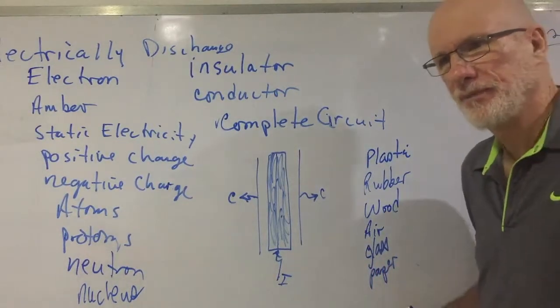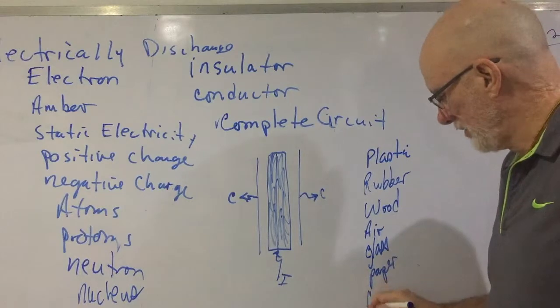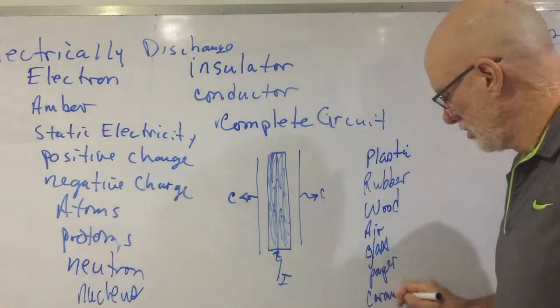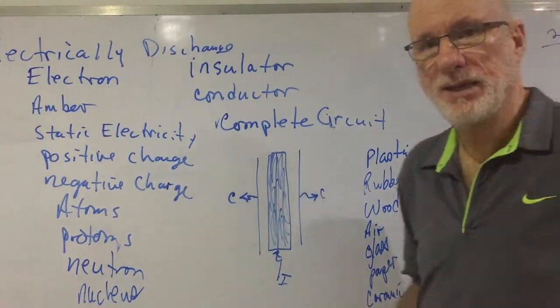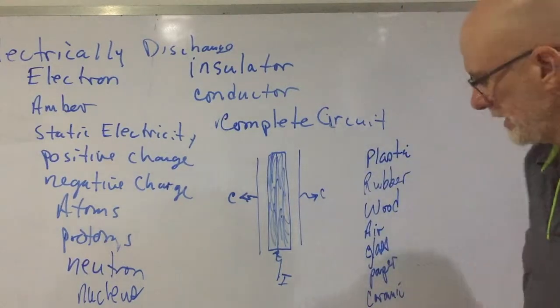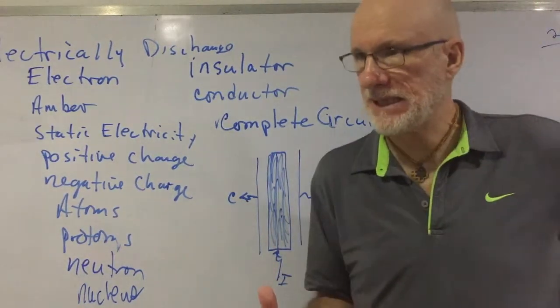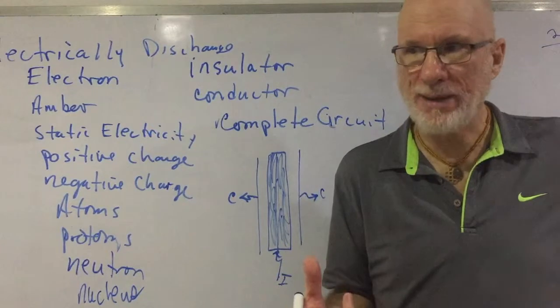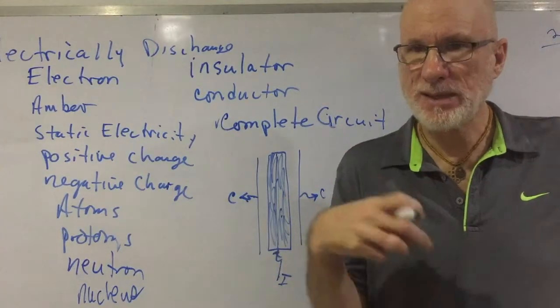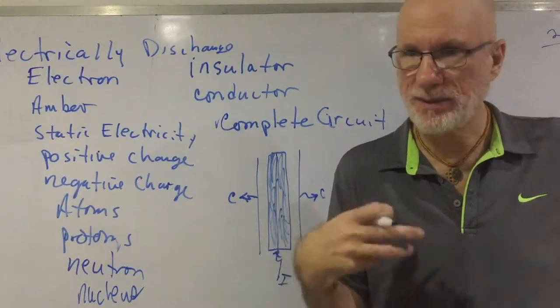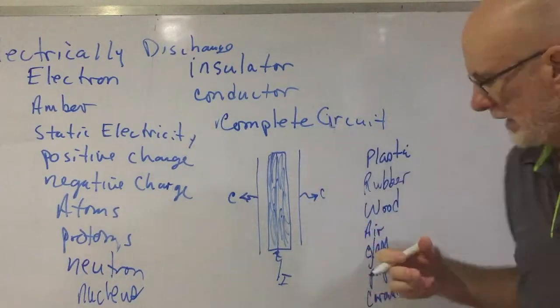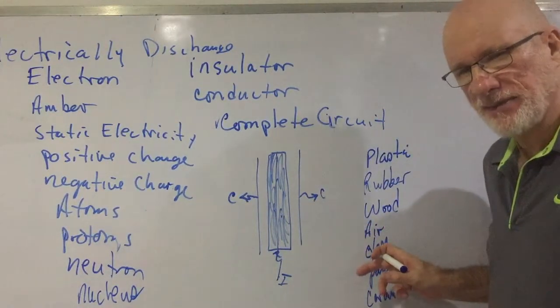What's a big one? Ceramic can be an insulator, depending on what's in it. Not all ceramics are going to be insulators. It depends on what ingredients are in the ceramics, right? What else? Glass is kind of a ceramic, right?